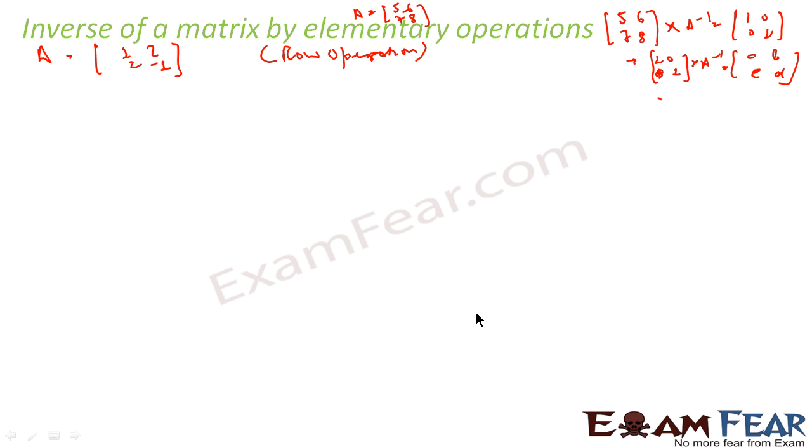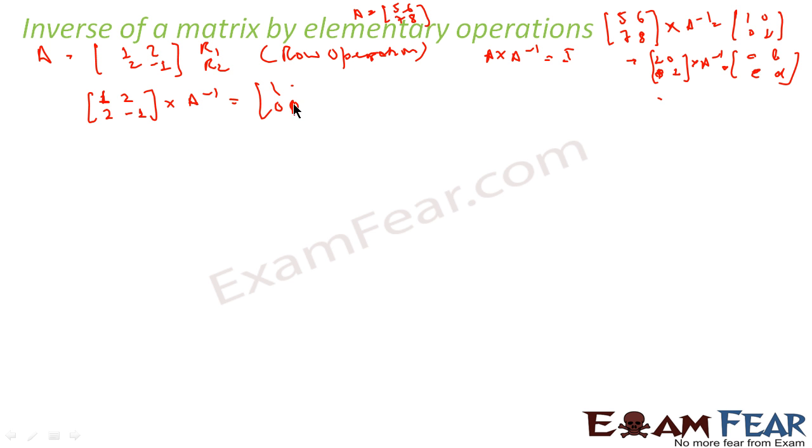So this is my row 1 and this is my row 2. Now A into A inverse is equal to I, correct? So I can write the same thing as 1 2, 2 minus 1 into A inverse is nothing but I.